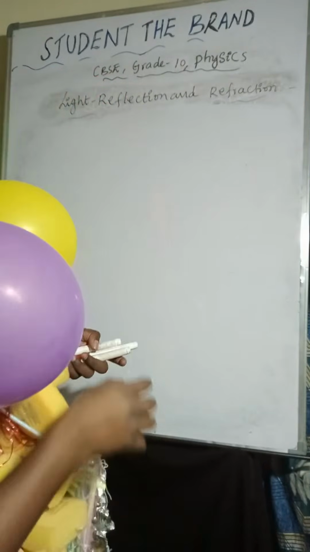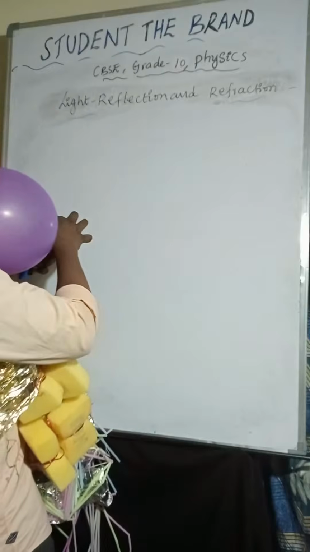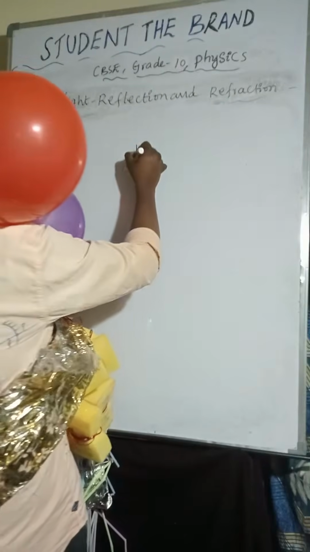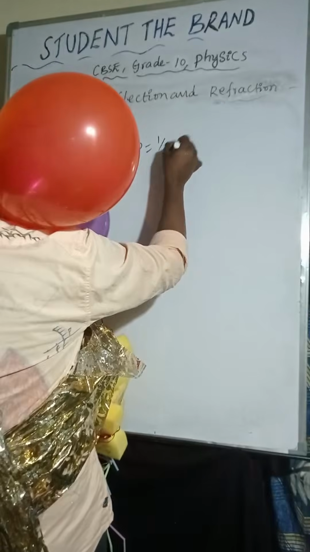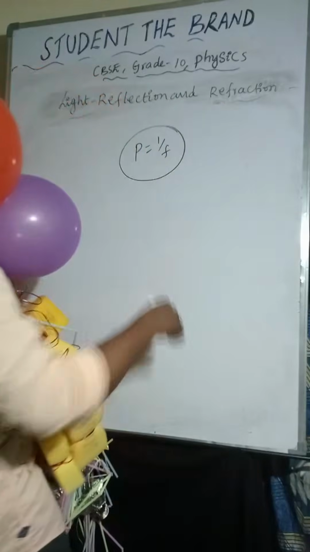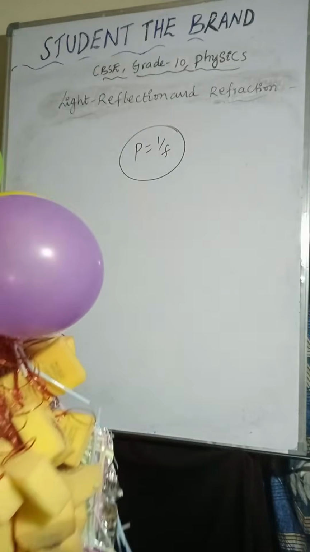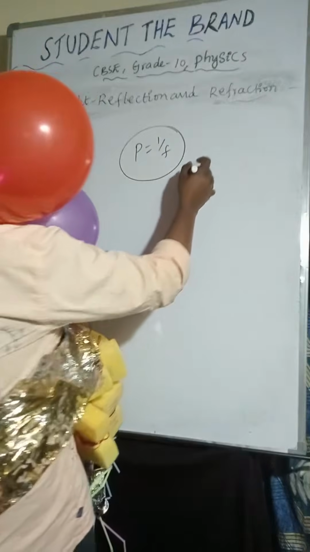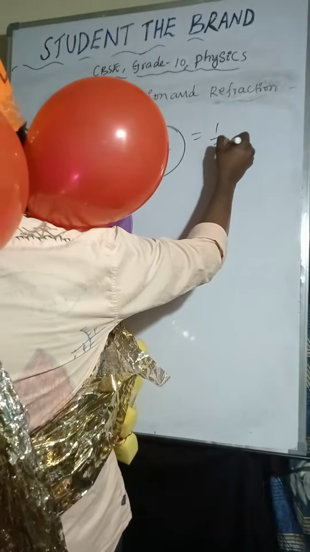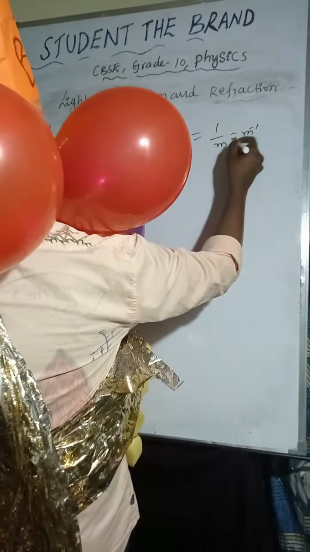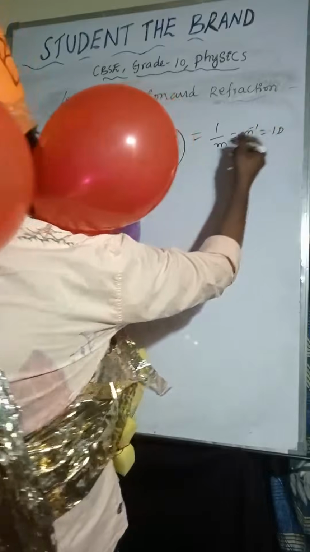So reciprocal of focal length is called power of lens. P equal to 1 by F. SI unit of power of lens is diopter. So 1 by meter, that is nothing but m power minus 1. So that is 1 diopter.